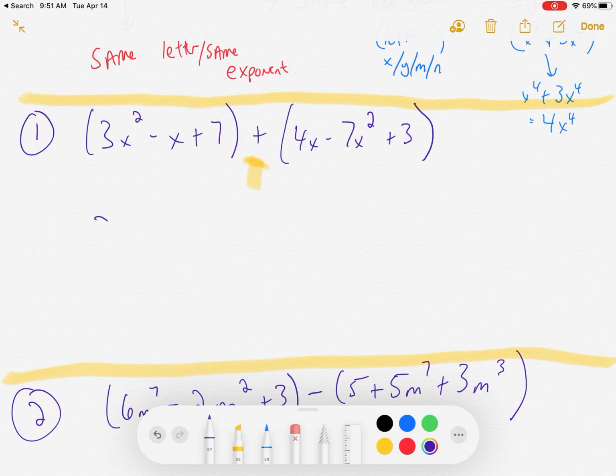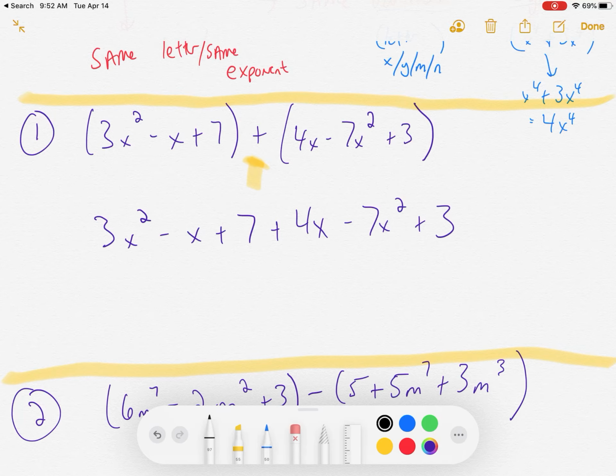I'm going to rewrite the entire problem without parentheses. 3x squared minus x plus 7 plus 4x minus 7x squared plus 3. Now, that's a lot of stuff going on. I understand that, but now we got to realize what our like terms are.